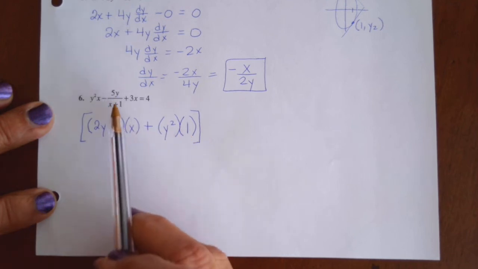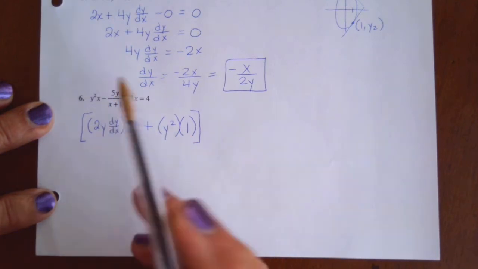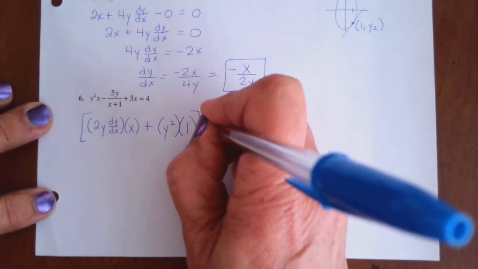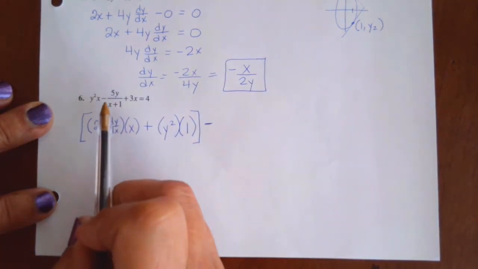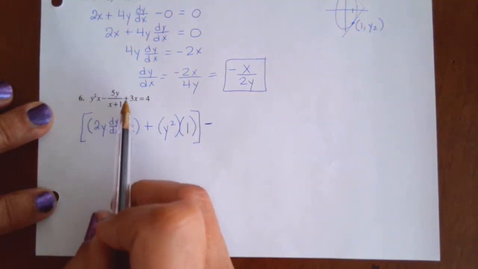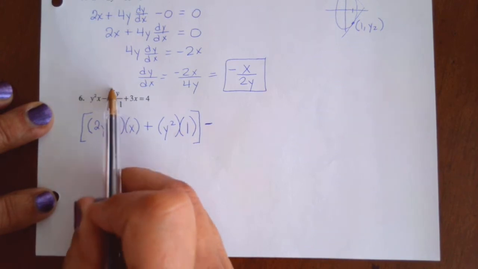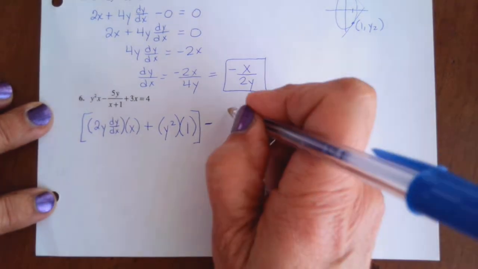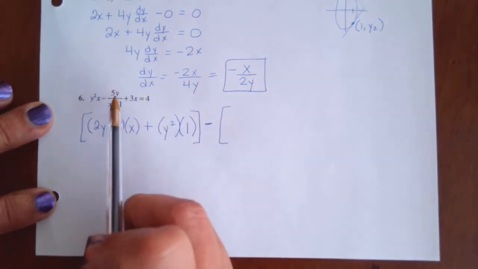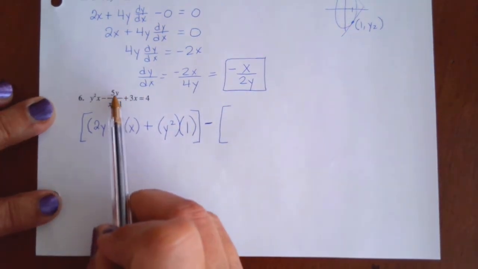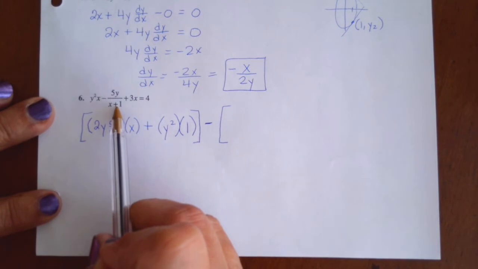All right, now we're going to do the quotient rule, but I'm going to leave that minus sign out front, because otherwise we tend to lose it. So leave that minus sign, and now I'm going to do a quotient rule of just 5y over x plus 1. Okay, that's my quotient. So again, I'm going to put brackets. So the quotient rule is to take the derivative of the top times the bottom.